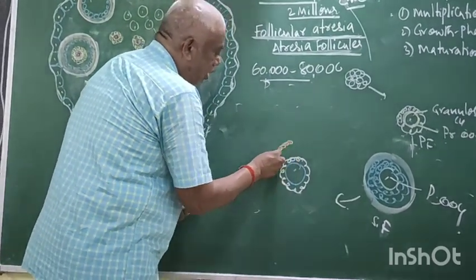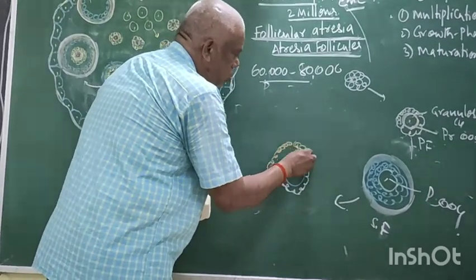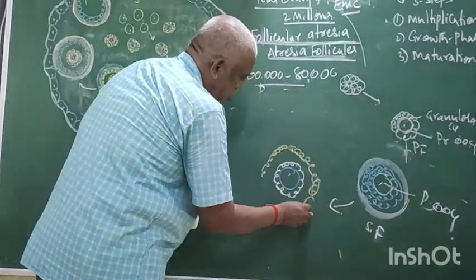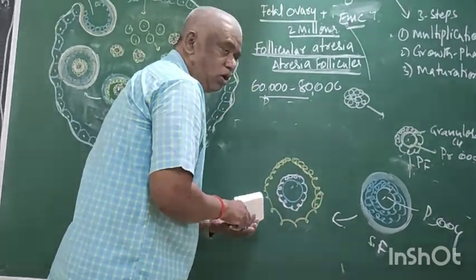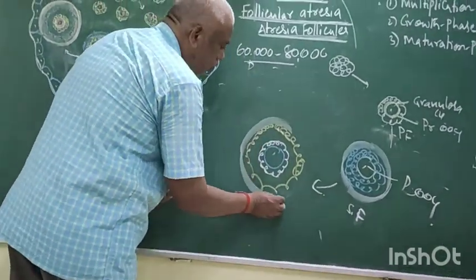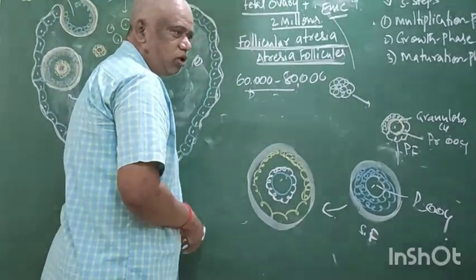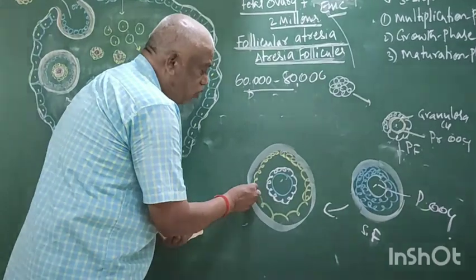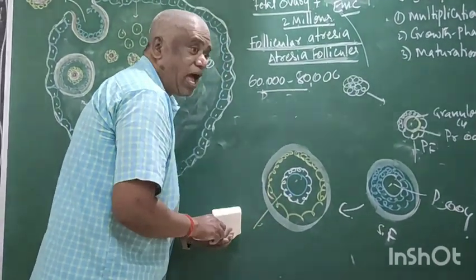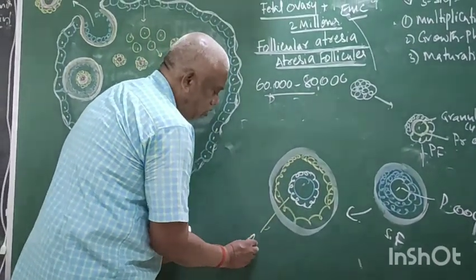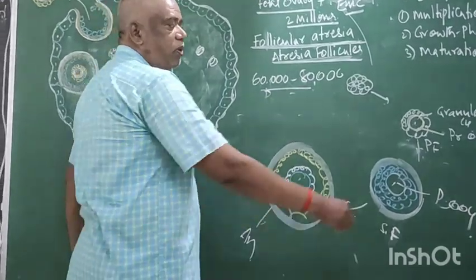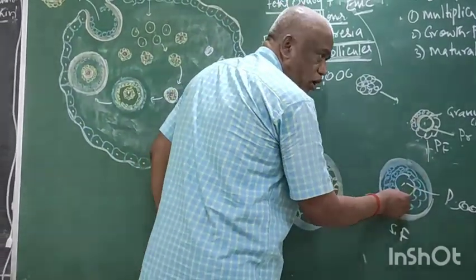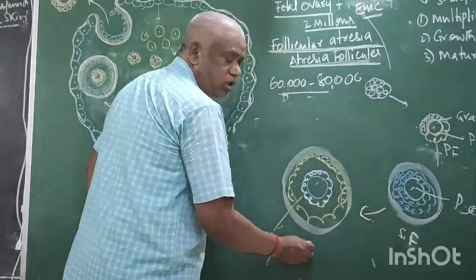It is outer granulosa. Now it is theca. Now a gap, a cavity will form. This cavity is called antrum. Now primary follicle, secondary follicle, tertiary follicle.